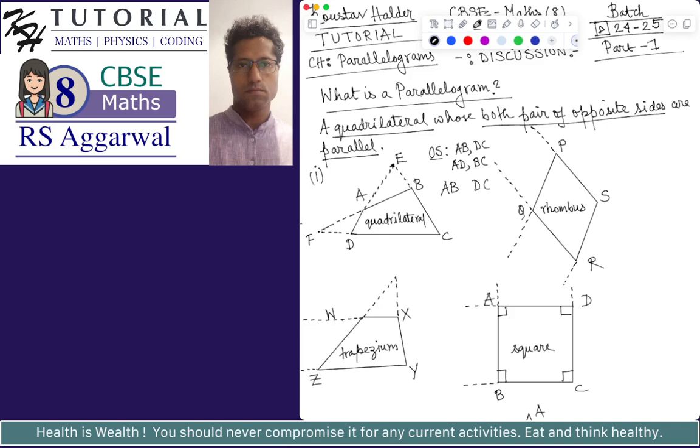Now, if they were parallel, I would have used the symbol of parallel. I am using my own convention, I don't know whether this is a recommended convention or not, to say mathematically that AB is not parallel to DC. I am using this struck-out parallel symbol. So this means that AB is not parallel to DC.